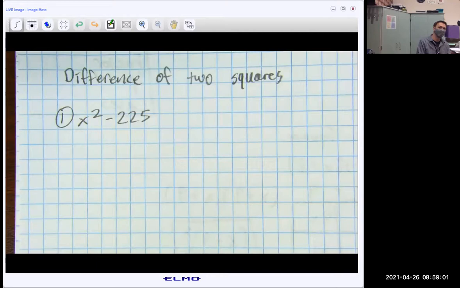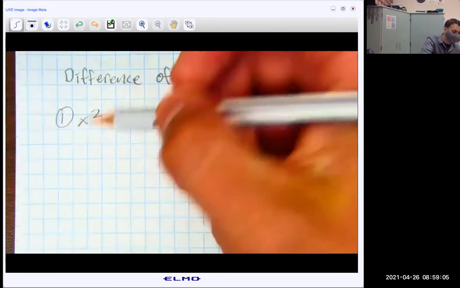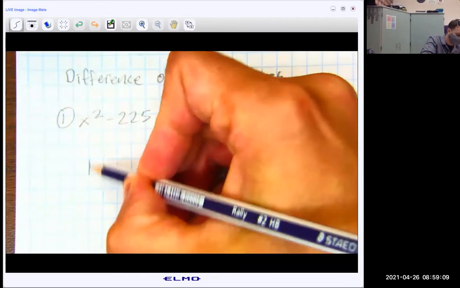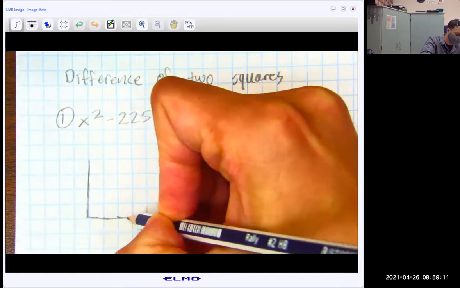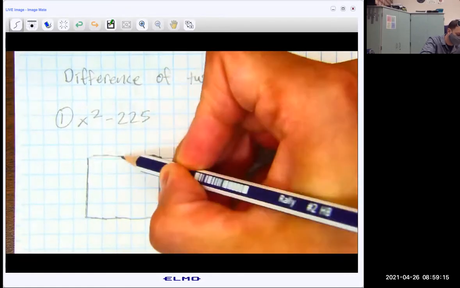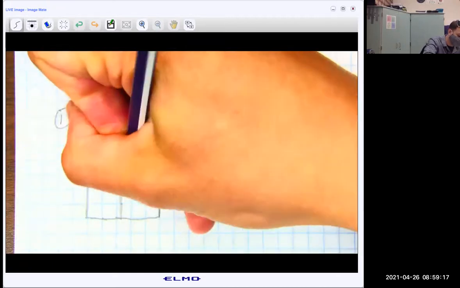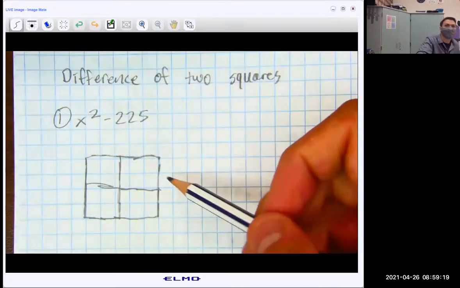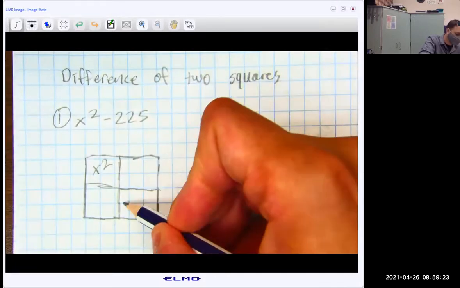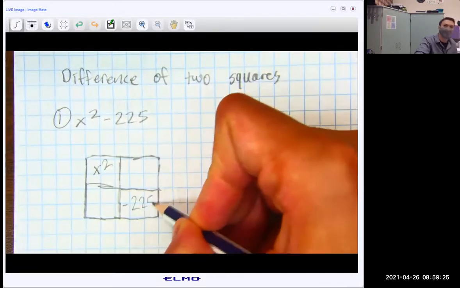But they still created it with two binomials. What I could do is sketch out that rectangle idea, the area model. If they were going to create it, what did they create it with? We know they multiply something and get x squared, and they multiply something and get negative 225.